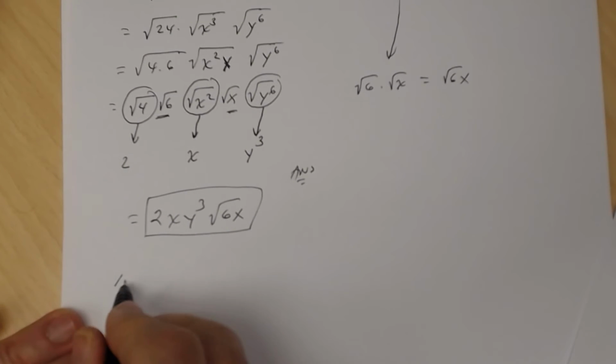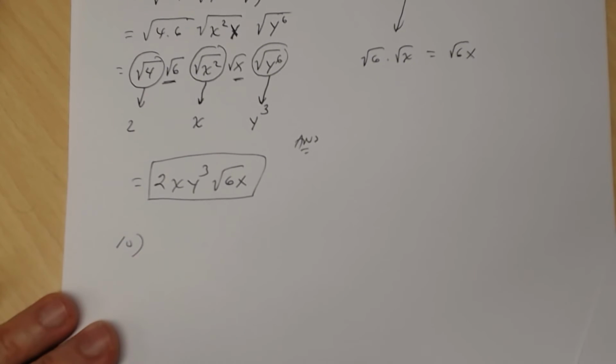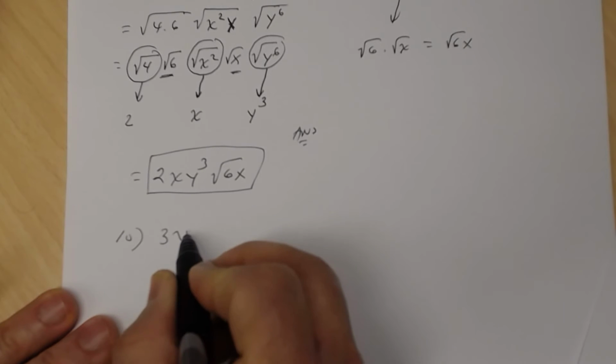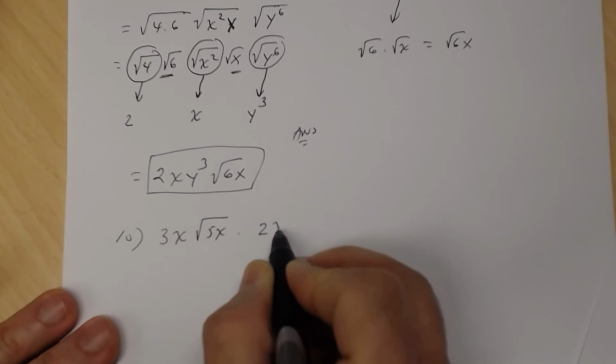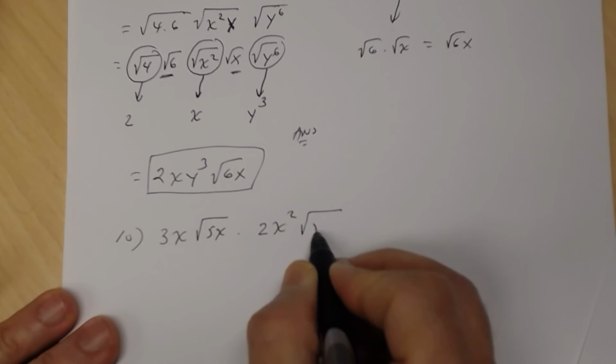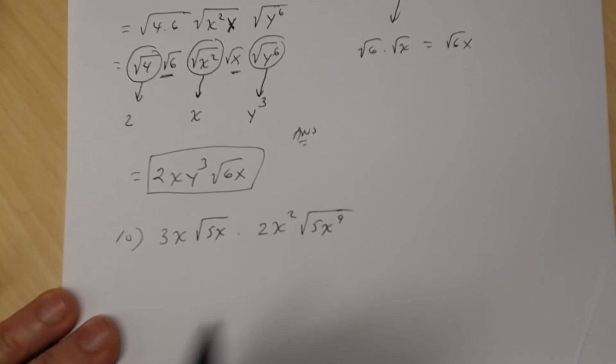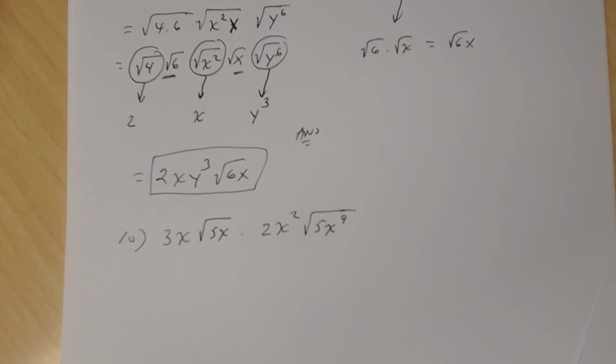Okay, number 10. You have 3x square root of 5x times 2x squared square root of 5x to the 9th. So 3x square root of 5x times 2x squared square root of 5x to the 9th.